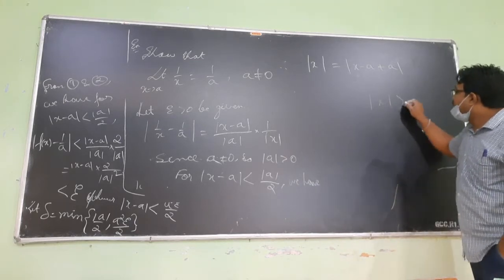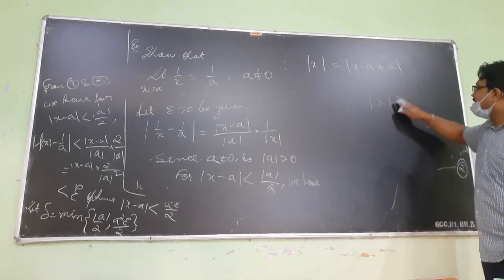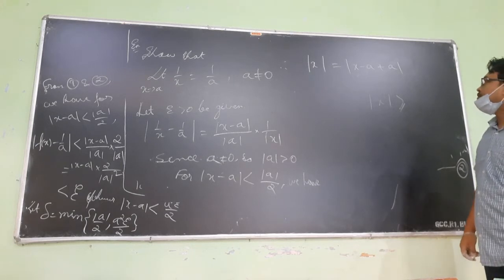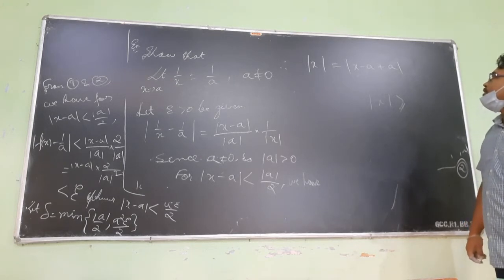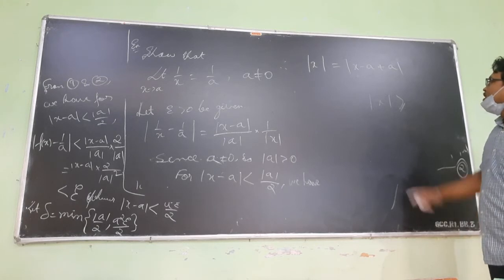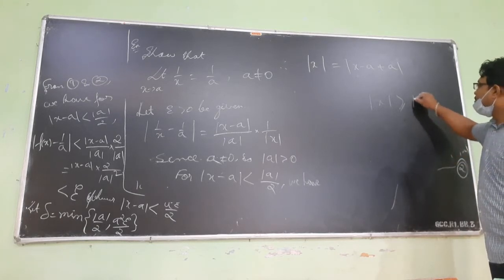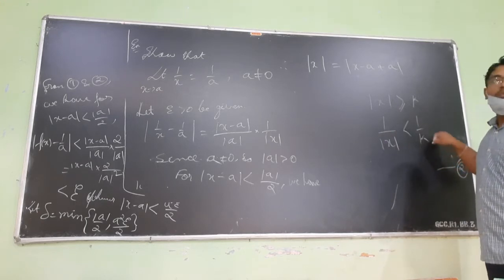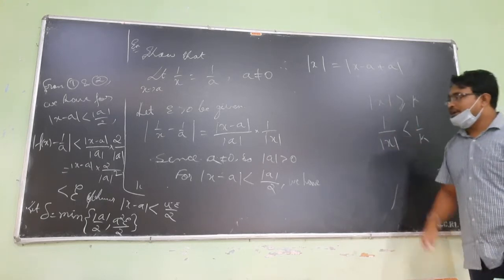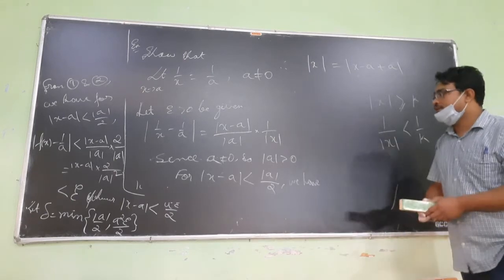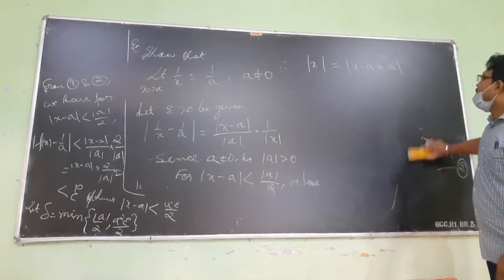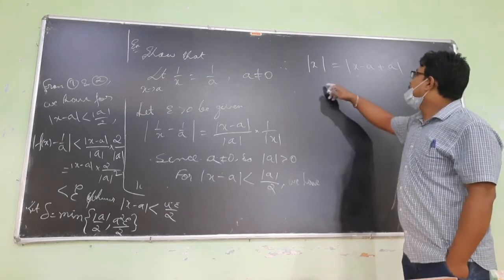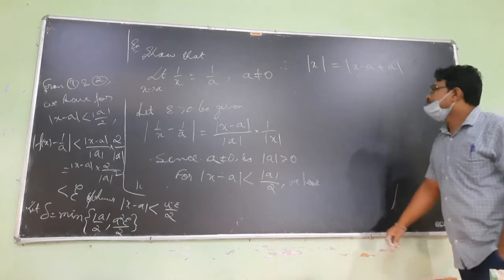I have to show that mod of x is greater than something, some k, and then I can write 1 by mod x is less than 1 by k. So this is our intention. Can we do that? Just try to think. Can we write it this way or some other way?